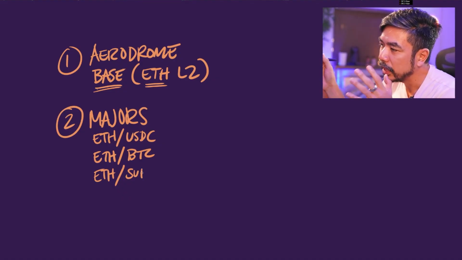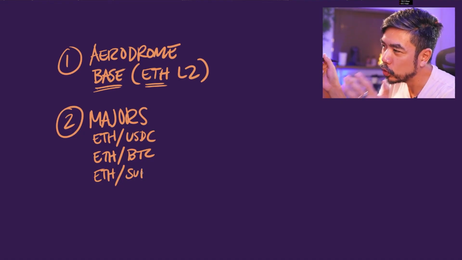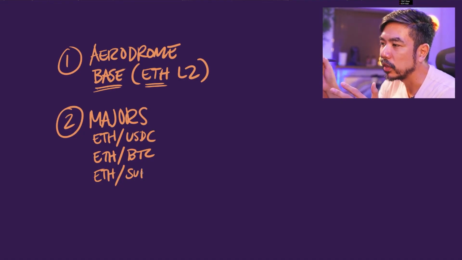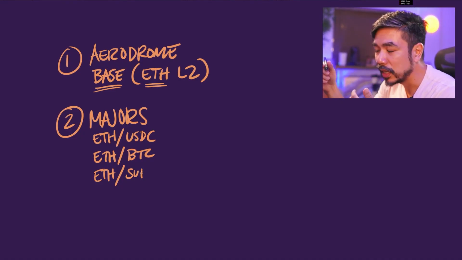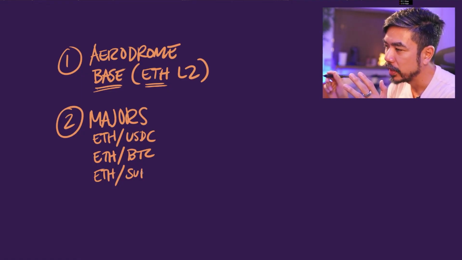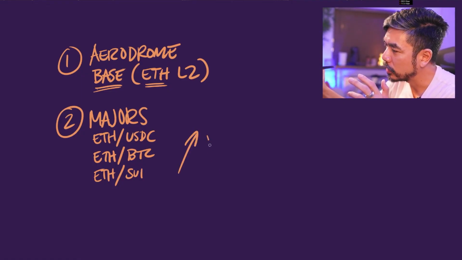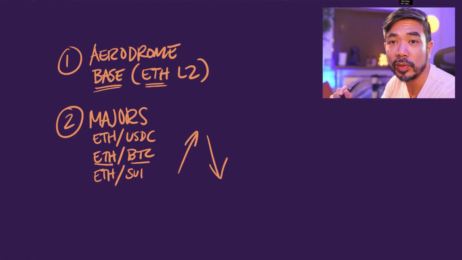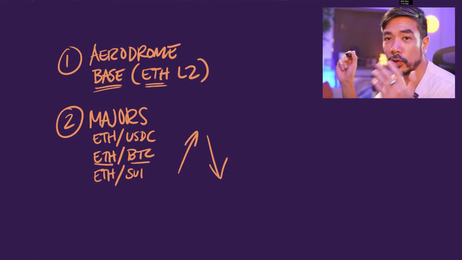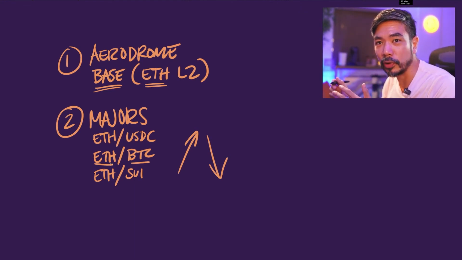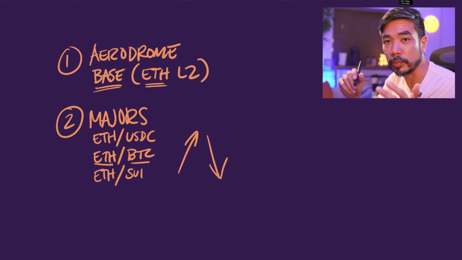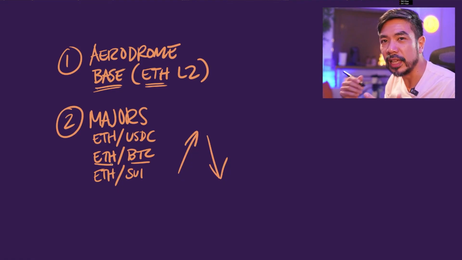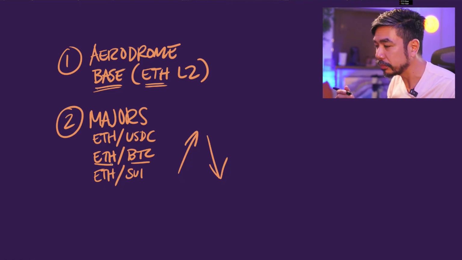I like these majors because it usually means that it is not as volatile, it is not as risky, and very importantly, if the price goes up or down, you will end up with two tokens that you like, right? You could be all in Bitcoin at one point or all in Ethereum at another. In both cases, I think I would be relatively happy.